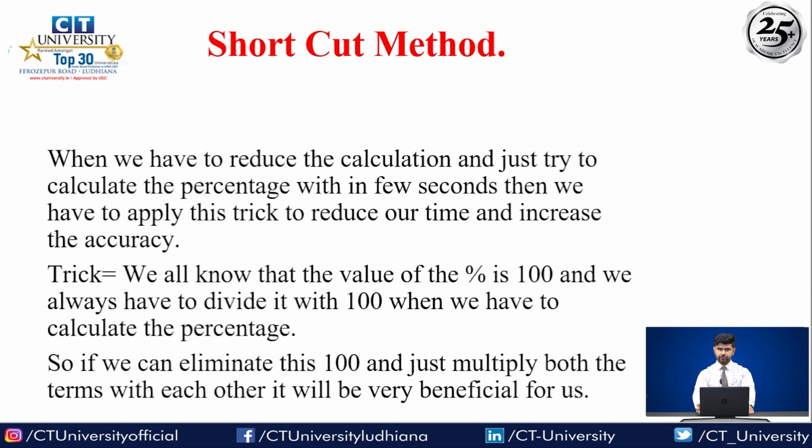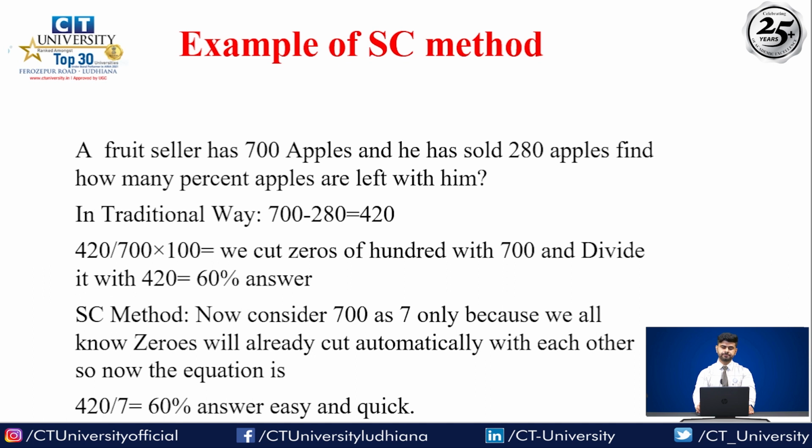It is a bit complicated for a new learner. Let's make it an example and learn it in depth. A fruit seller has 700 apples. For example, a person who is a fruit seller has 700 apples and he has sold 280 apples. Find how many percent of the apples are left with him.